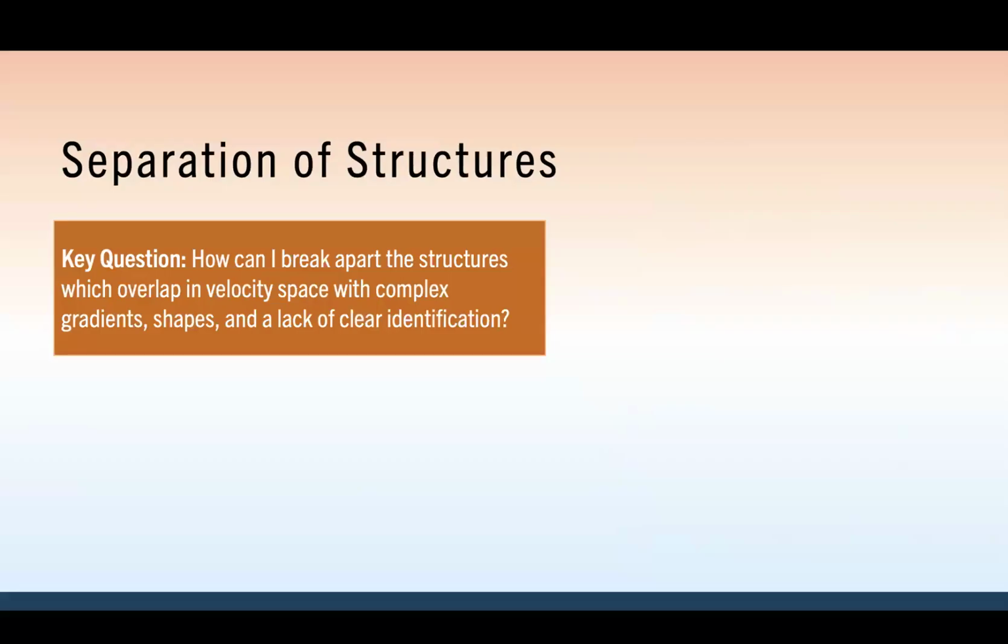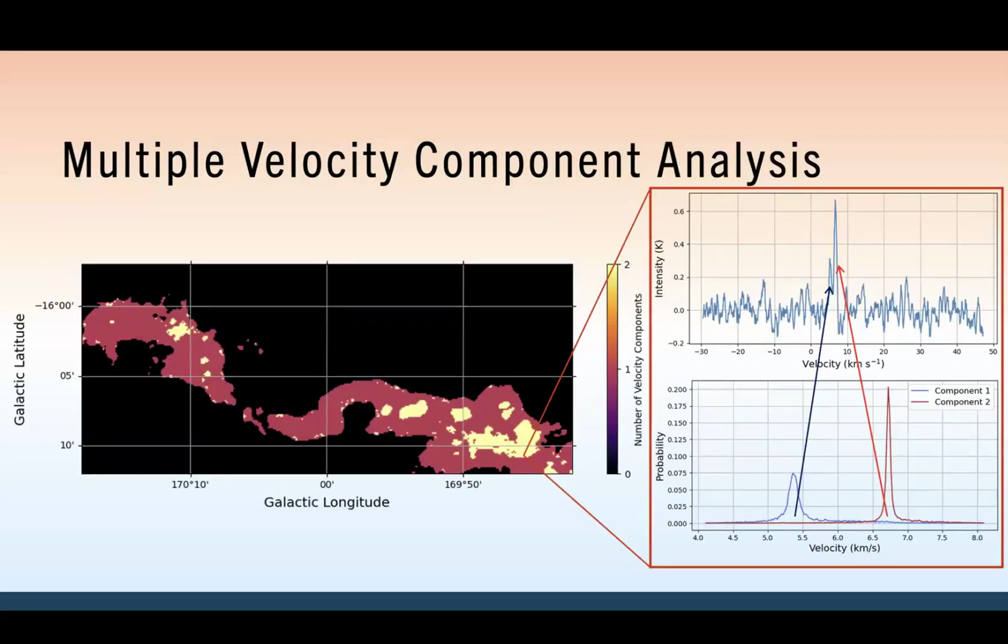When separating these structures, the key thing that I'd like to ask is how can I break apart these structures, which oftentimes do overlap in velocity space and have complex gradients, shapes, and a lack of clear identification. On this slide, I've identified them as being component 1 and component 2.